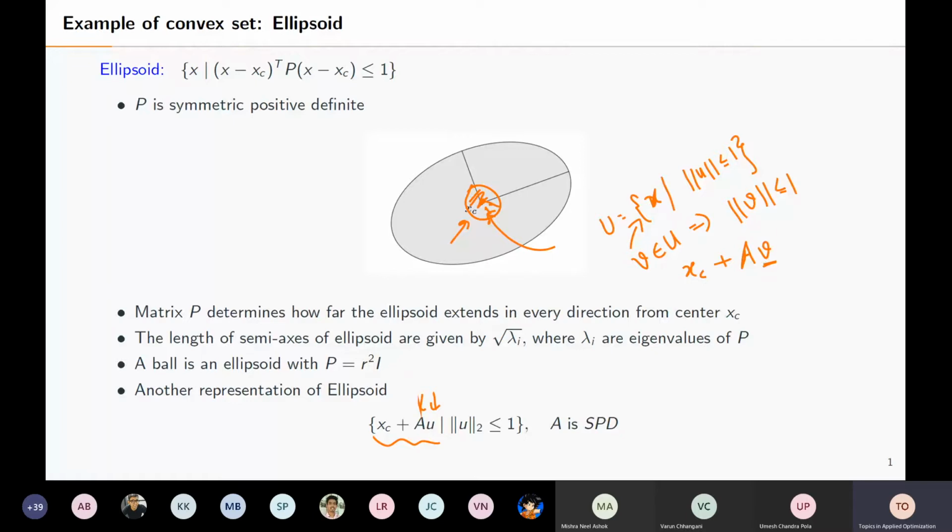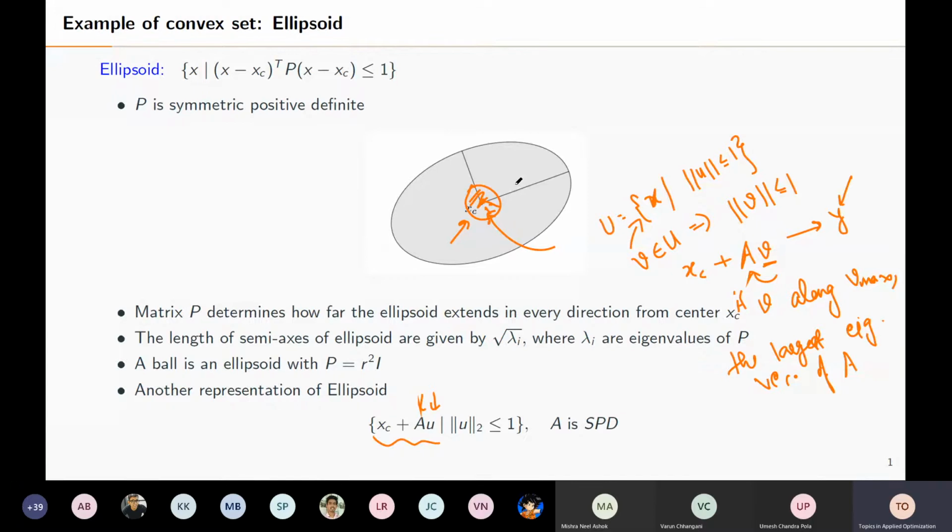If it so happens that V is along the largest eigenvector of A, let us say V max, then you will stretch the most. The output will be stretched the most.